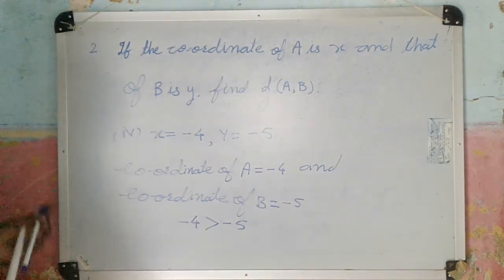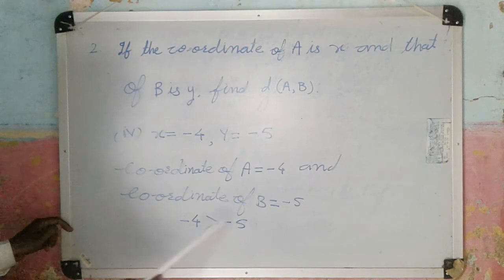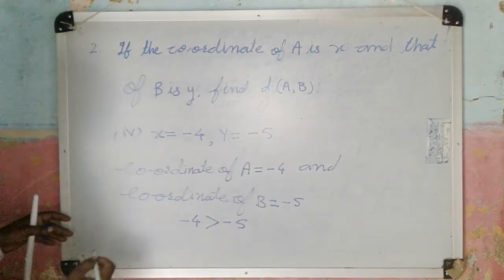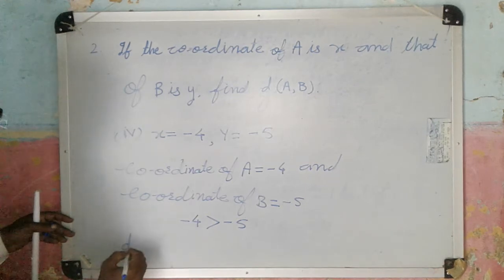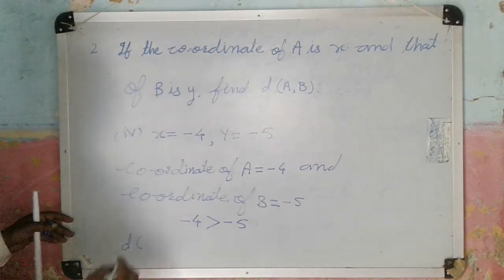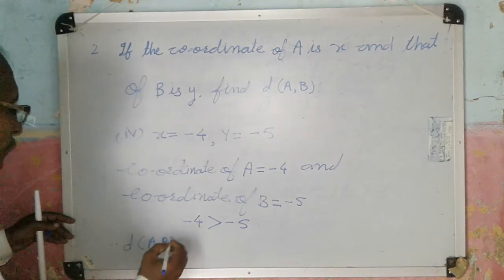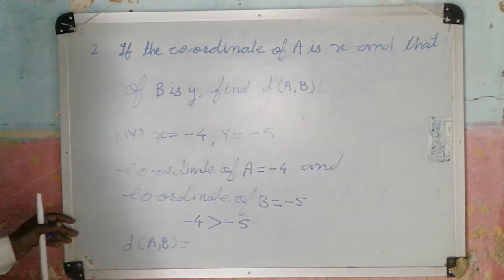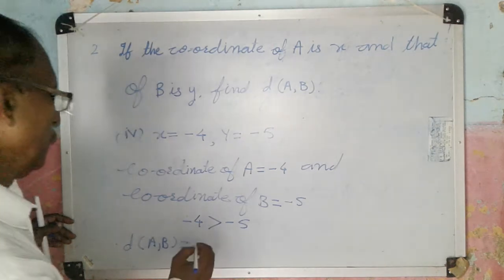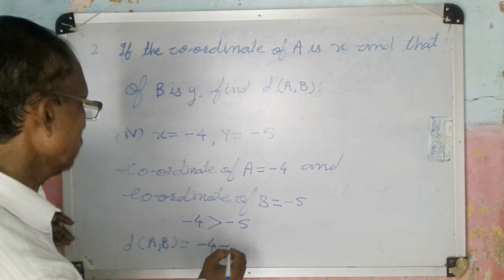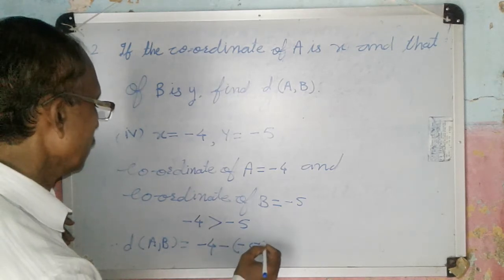So we have to subtract minus 5 from minus 4. So distance of AB is equal to minus 4 minus in the bracket minus 5.